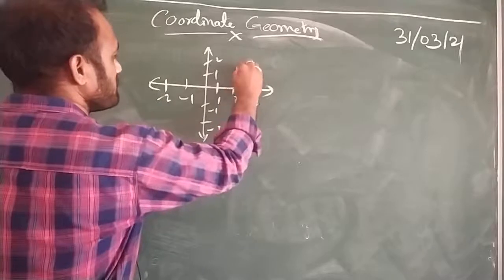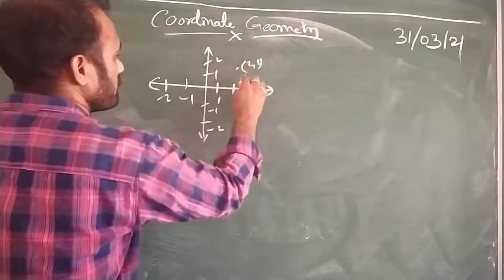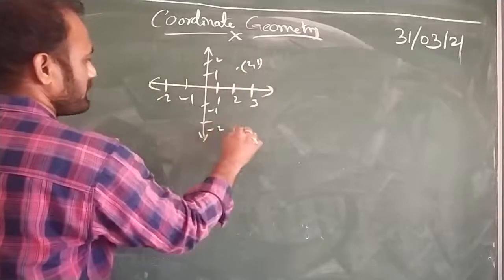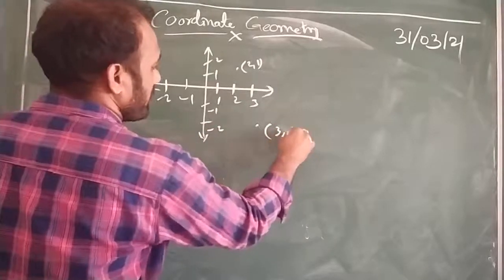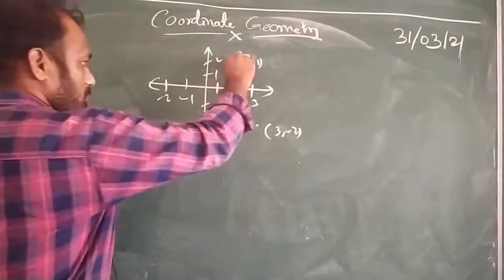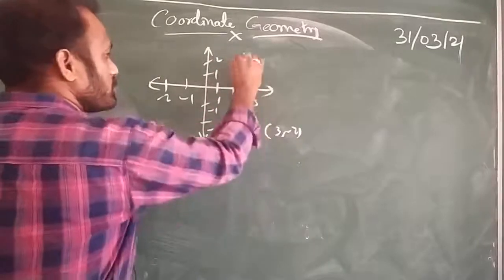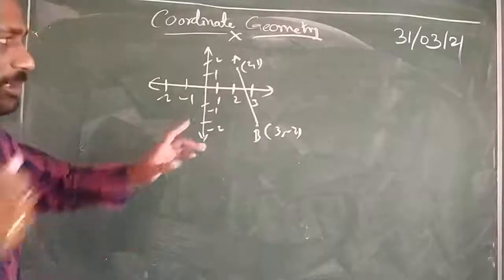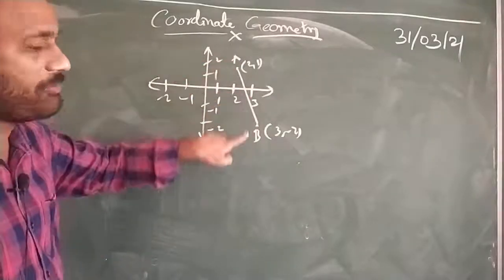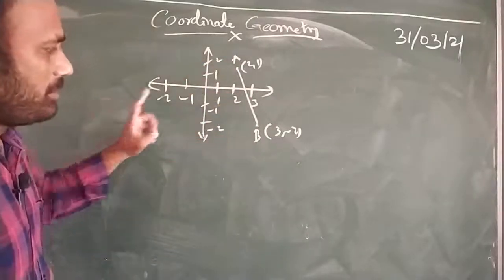So let us suppose this is a point 2 comma 1 and here there is another point 3 comma minus 2. Let us suppose this is point A, this is point B. If I want to find out the distance between these 2 points, I use yesterday's formula.